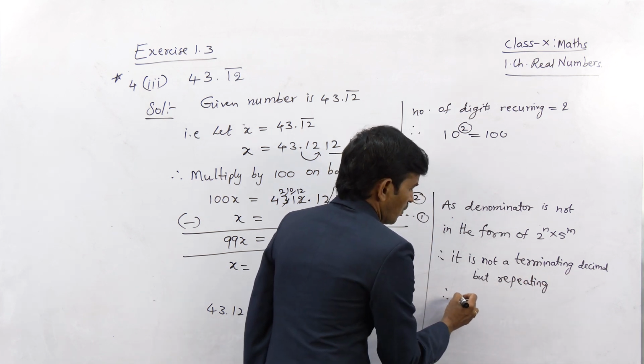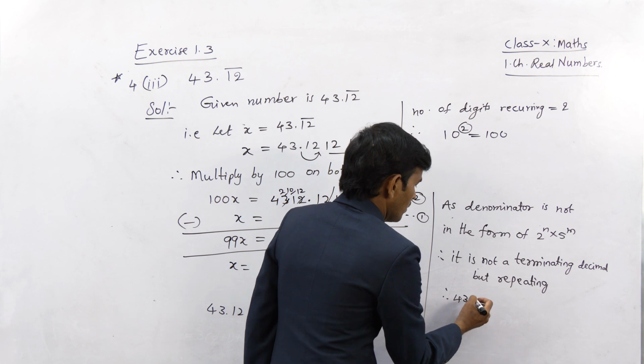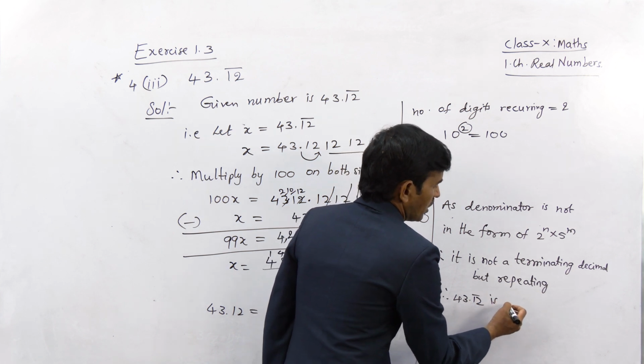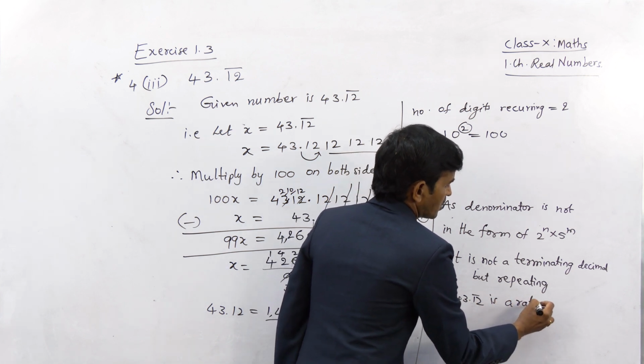Therefore 43.12 bar is a rational number.